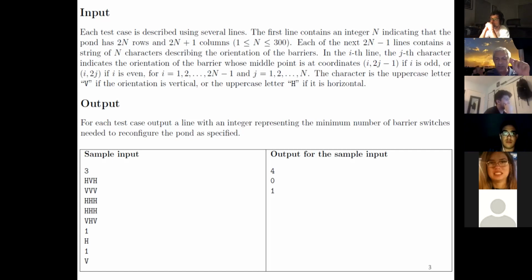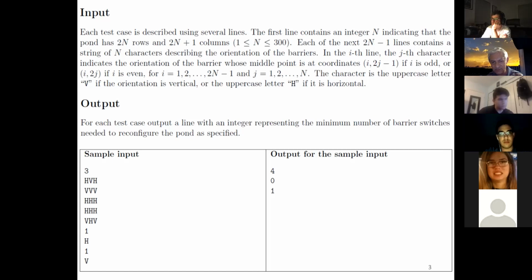Once you figure out where the barriers are, you create a vertex for each cell, and depending on how the barriers are right next to that cell, you figure out which one it's going to be connected to. Either it's going to be connected to its horizontal neighbor or its vertical neighbor.